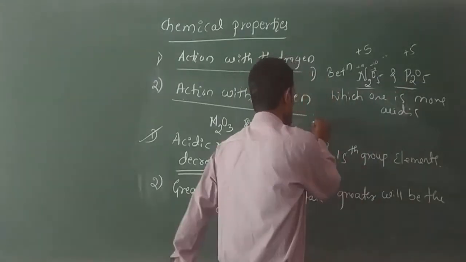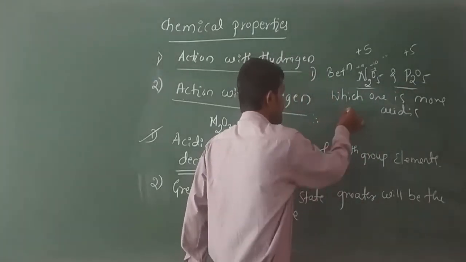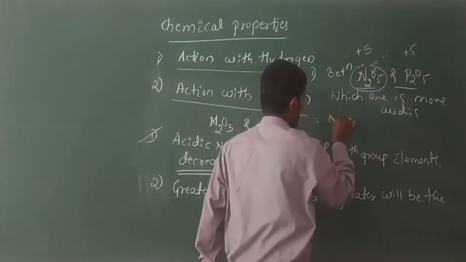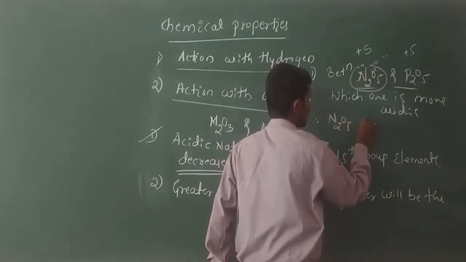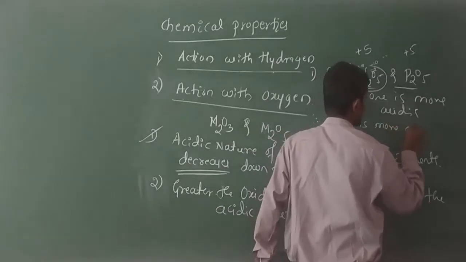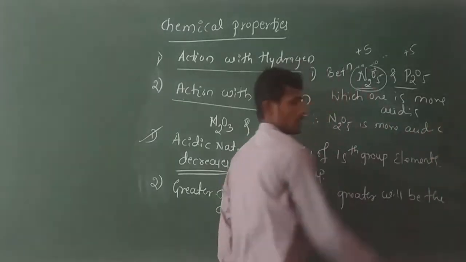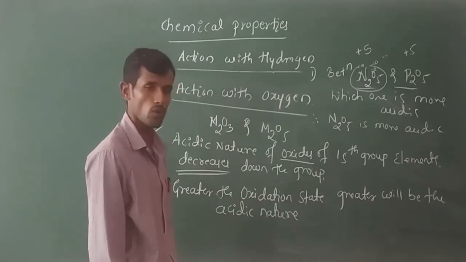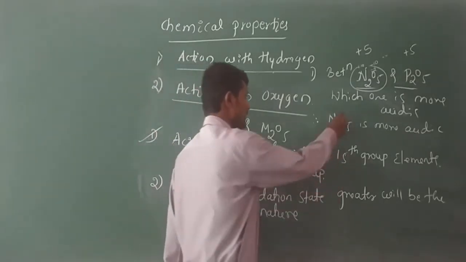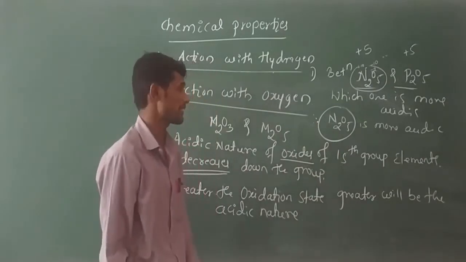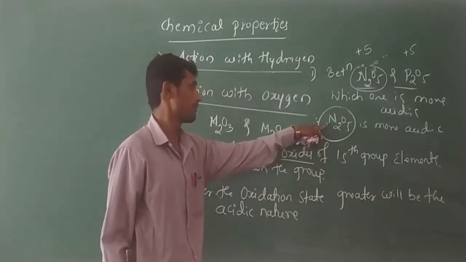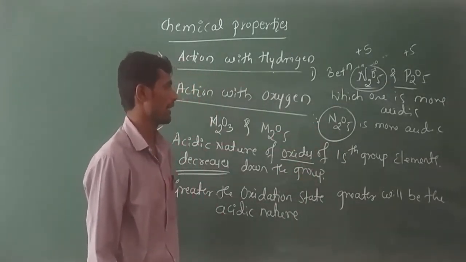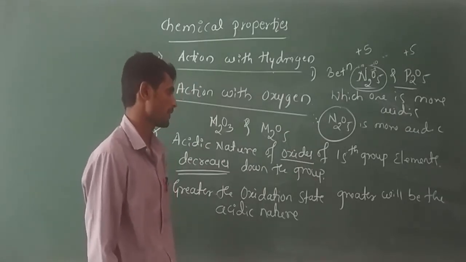Therefore, N2O5 is more acidic, because compared to P2O5, the atomic size of nitrogen is small.